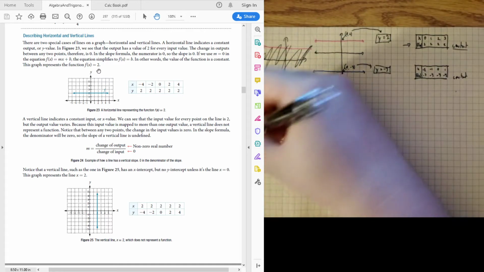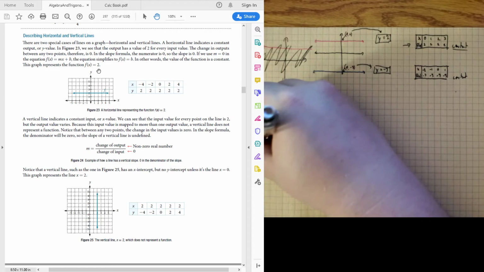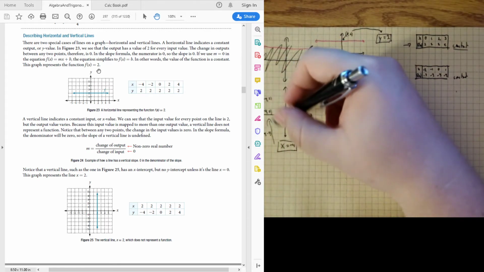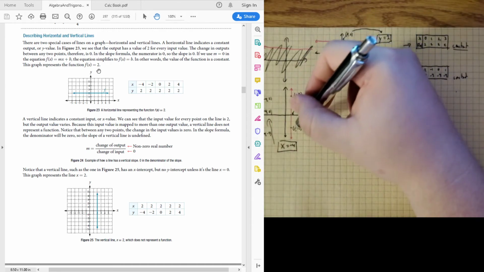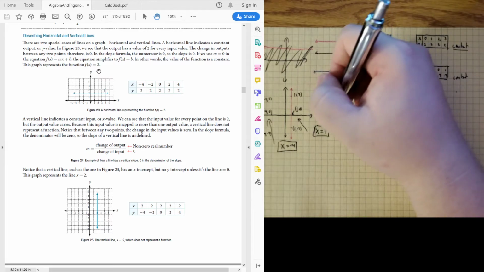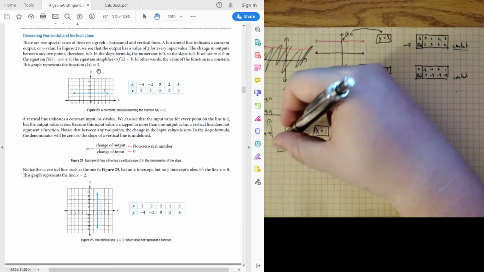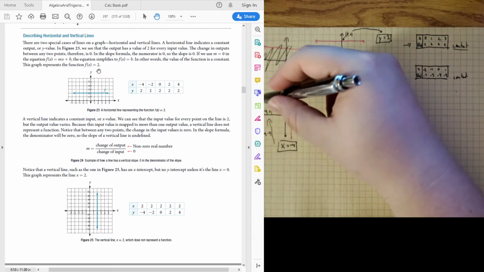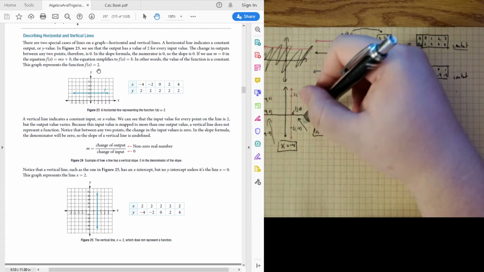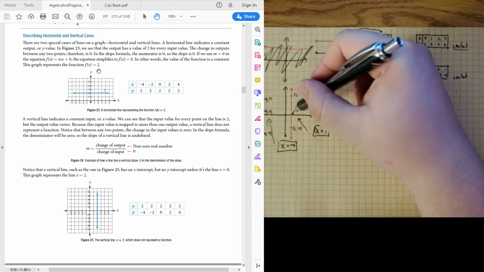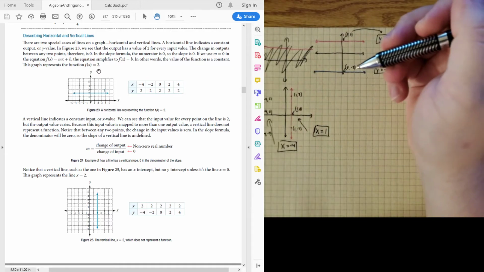This dot right here, -4, -3. What's staying consistent? The x values. What is the x value? -4. What's consistent about them? They're all -4. That is why this equation is x equals -4. All the x values are -4. That is why this equation is x equals 1, because all the x values are 1.